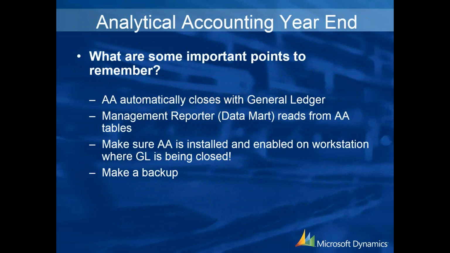An important point to remember on the analytical accounting year-end is AA automatically closes with the general ledger. Management Reporter, the data mart, does read from AA tables if you are using analytical accounting. And I know that this has been a pain point for some of you folks with AA that have been running it for a long time.